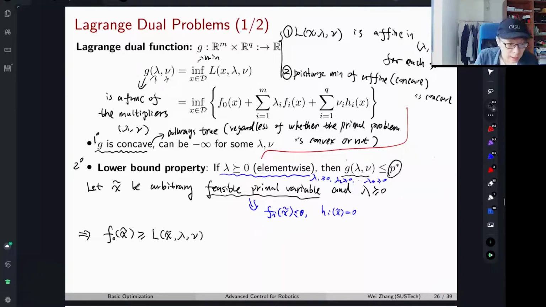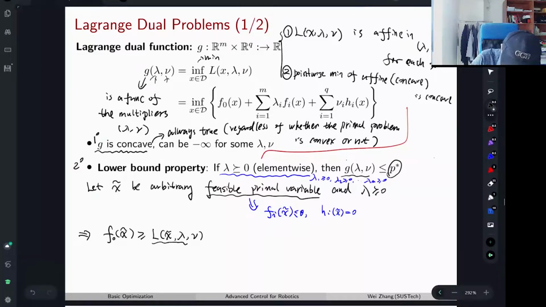I'm not sure whether you can see that. If x tilde is feasible, that means it satisfies the constraint, then this term is 0. And this term is always negative in this case because lambda is positive. This is negative or 0, right? It's no bigger than 0. So I plus that will be giving a smaller value. So this will be bigger or equal to this Lagrangian.